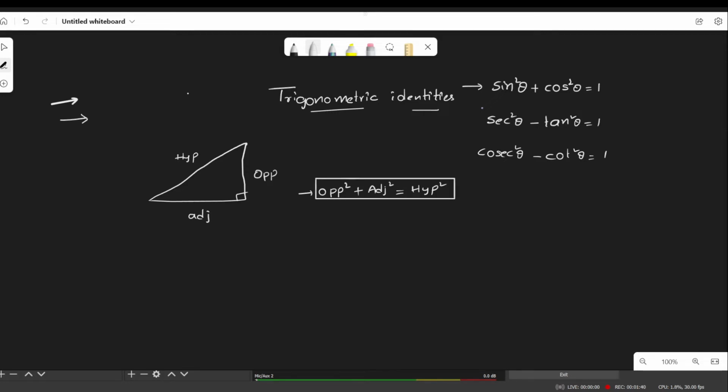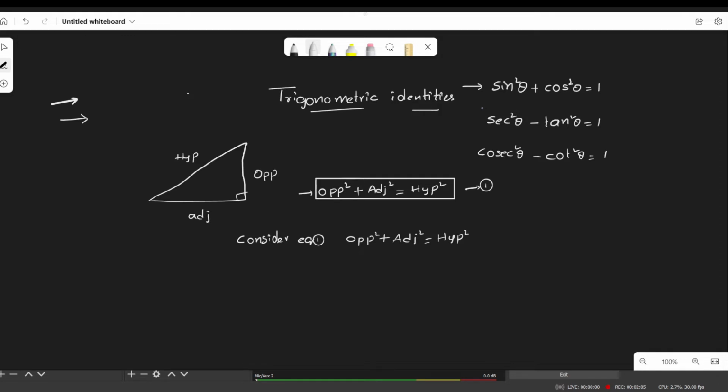Now from this equation 1, I'll divide equation 1 by hypotenuse on both sides. See, consider equation 1, that means write again opposite square plus adjacent square is equal to hypotenuse square.